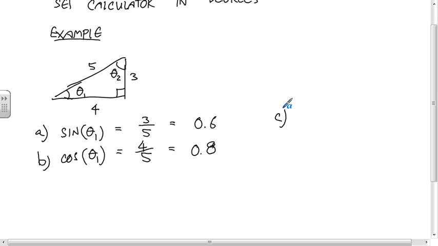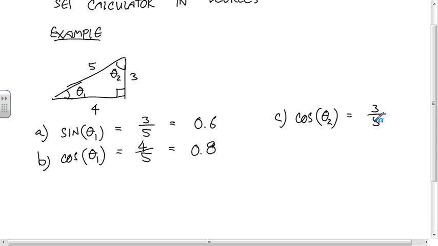Then C, what is the cosine of theta 2? Cosine is adjacent over hypotenuse. What's the adjacent side for theta 2? The adjacent side for theta 2 is 3.